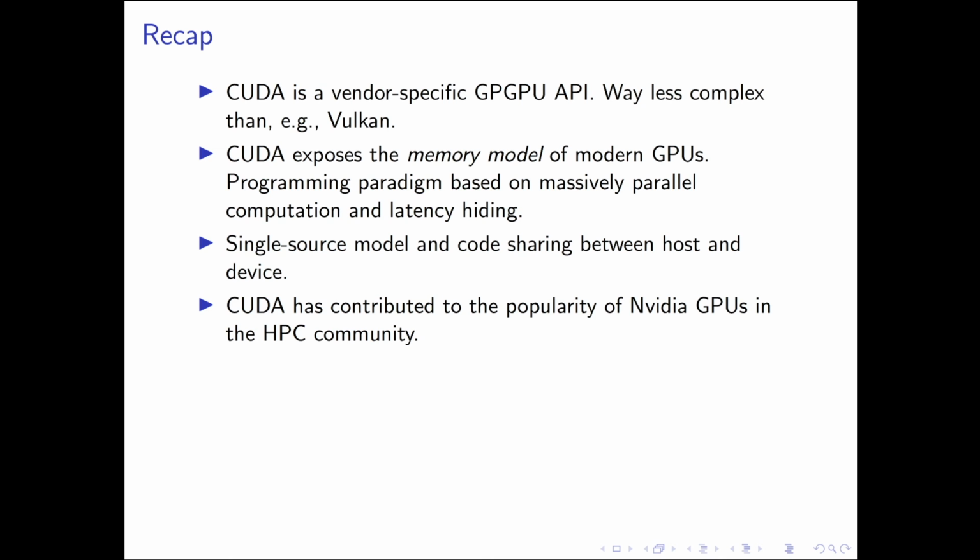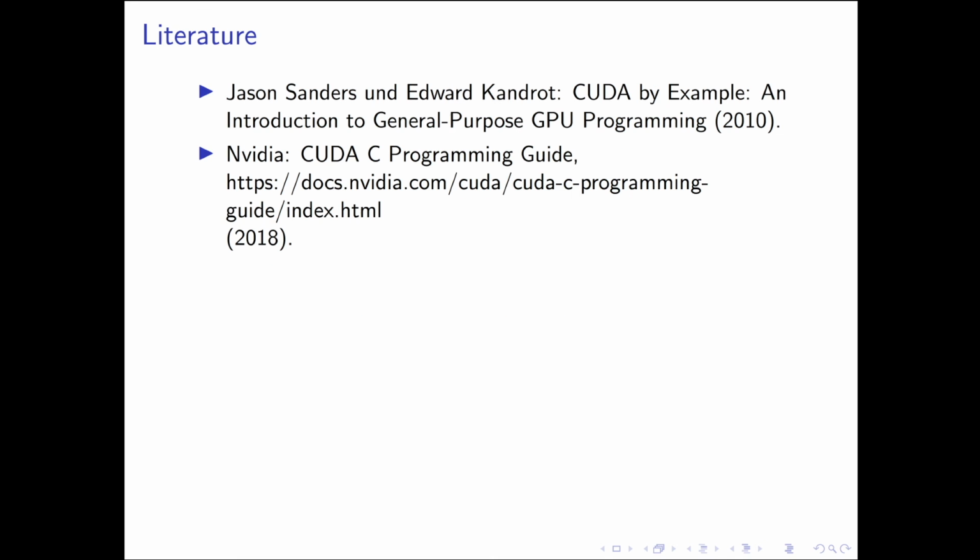CUDA has gained a lot of popularity in the HPC community due to this API that is fairly easy to use, and that also gained lots of popularity for NVIDIA, who are now very popular in the HPC community. There's lots of literature out there on CUDA, and I only picked two of them. The most important one arguably is the programming guide.